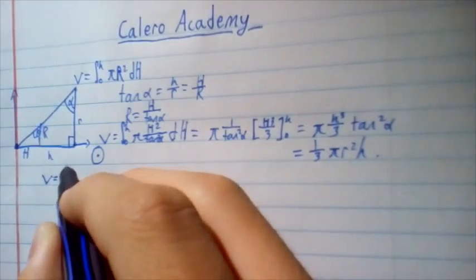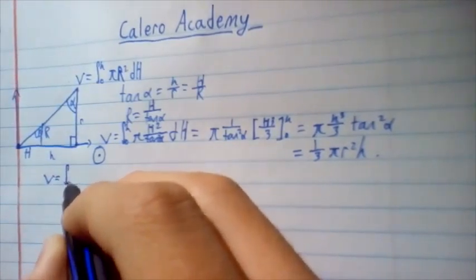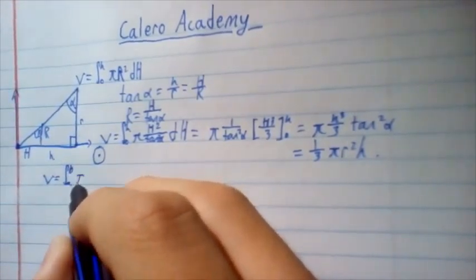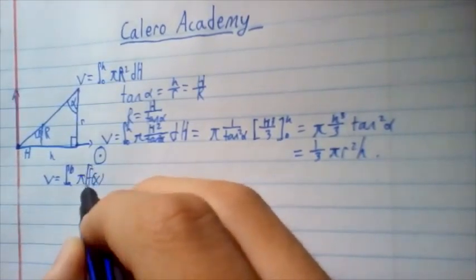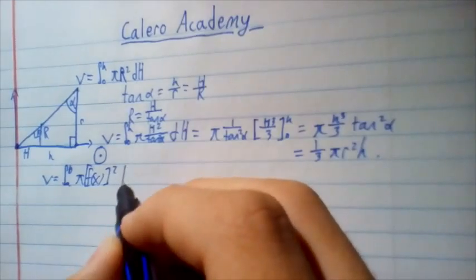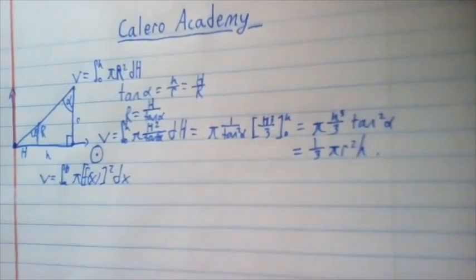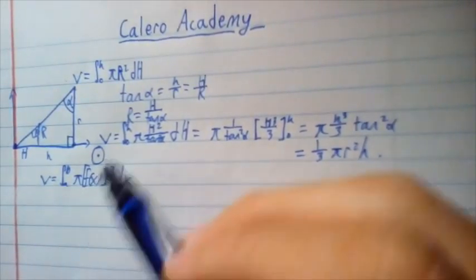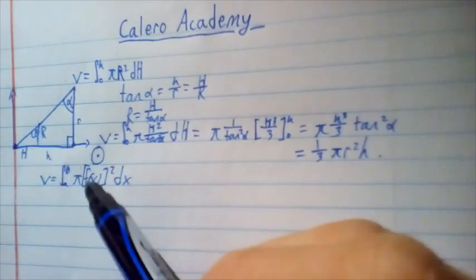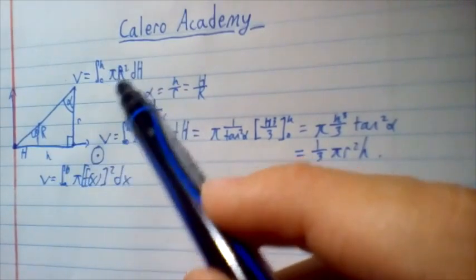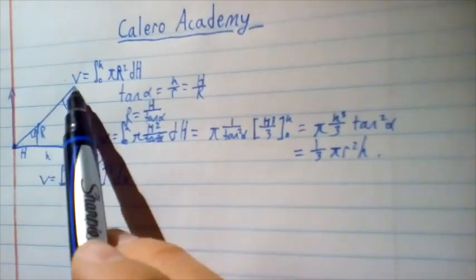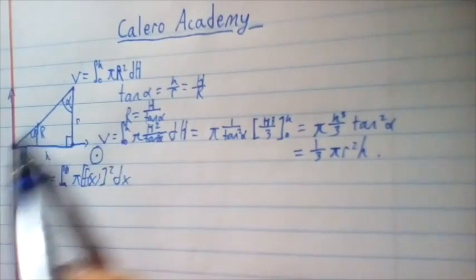Volume is equal to the integral from a to b of pi f of x squared times dx. This is just the arbitrary formula for it. And the reason for this is that it's saying the same thing as this, except our cap R is defined by a line, by a function.